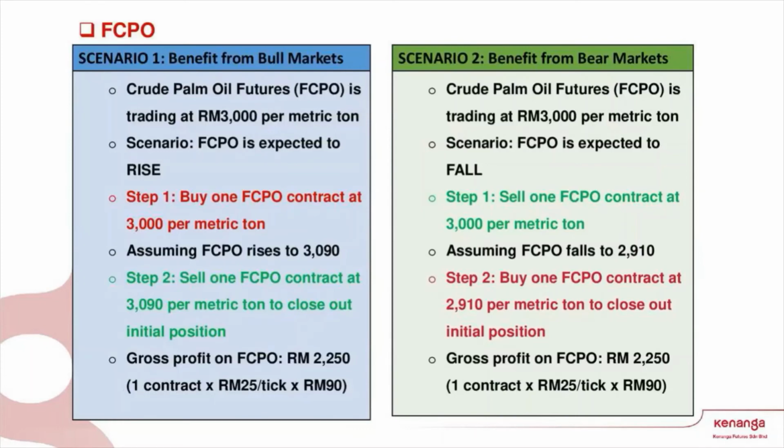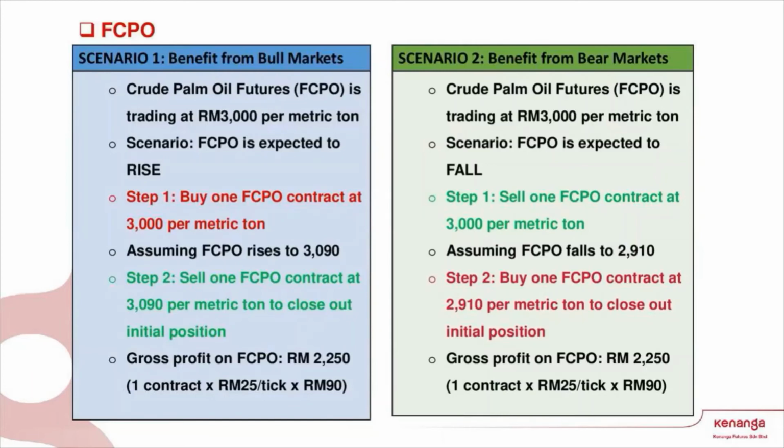Then your total gain from this strategy is 2,250, which is 25 ringgit per tick, per point, multiplied by the 90-point move in the right direction, because every 1 point move is worth 25 ringgit. Just note that it is a paper gain that will be added to your margin balance in your account and won't be realized unless you decide to liquidate your position.